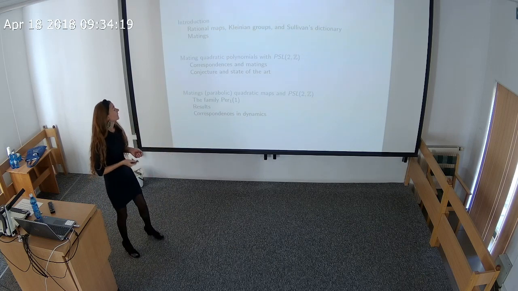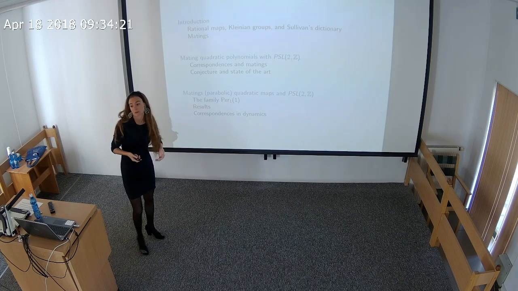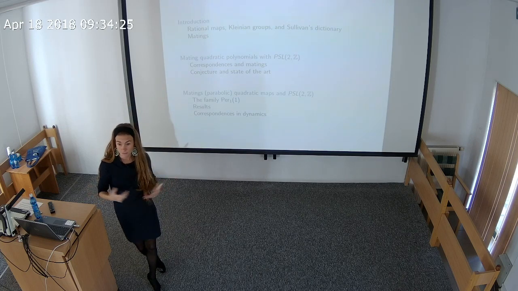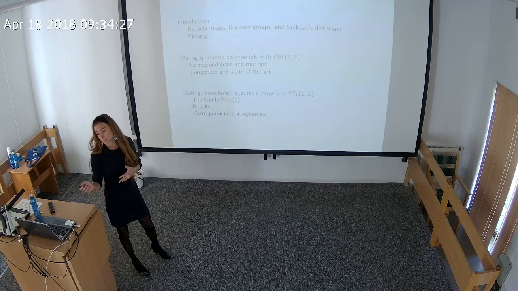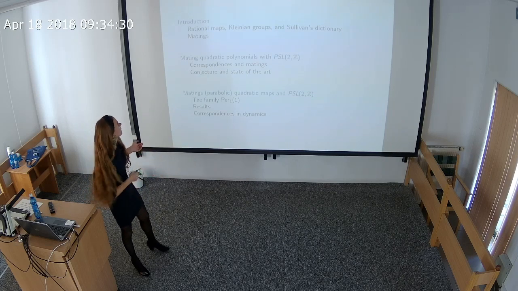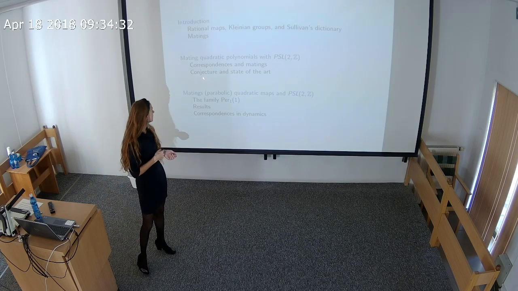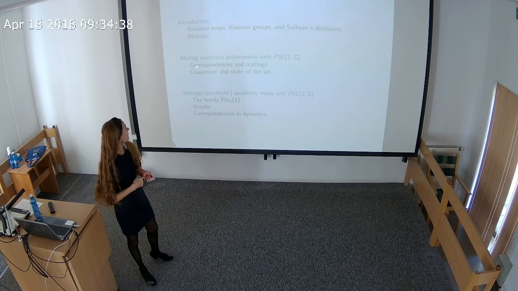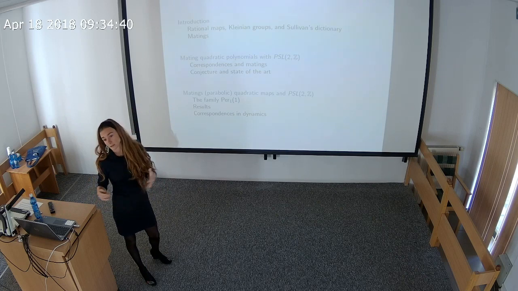So we will speak about where this thing started, a construction that Sean with Chris Penrose did in 1994 when they tried to mate quadratic polynomials with the modular group, the conjecture that they did, and the state of the art.